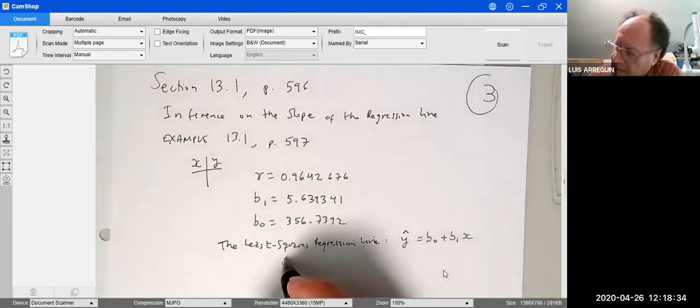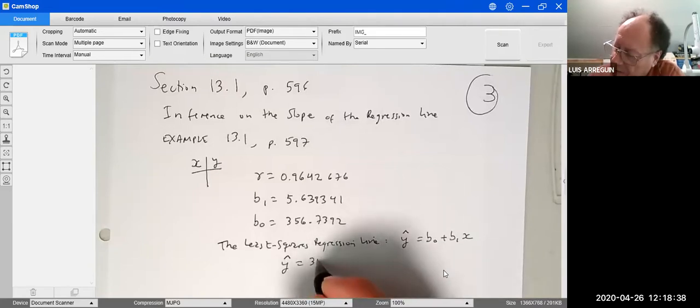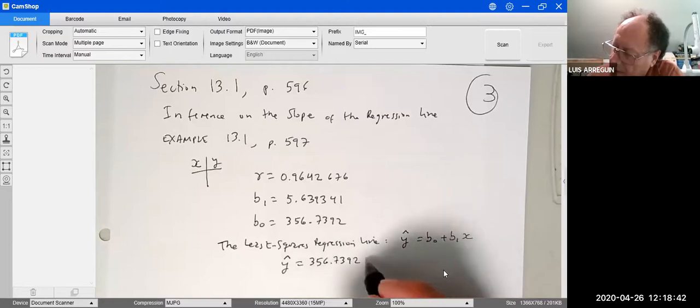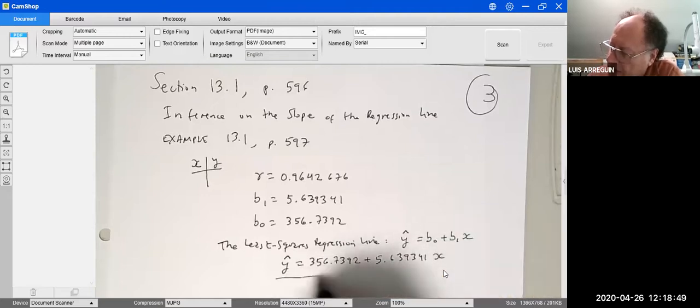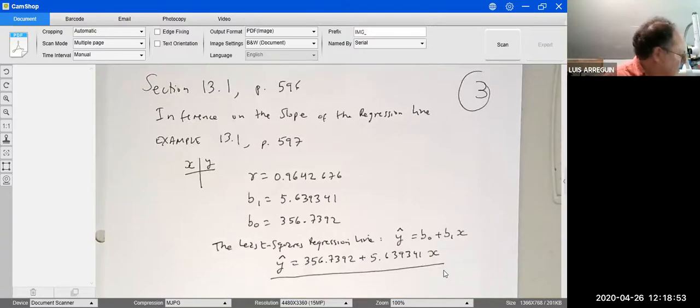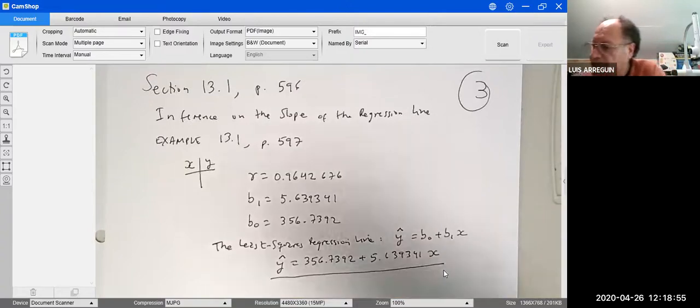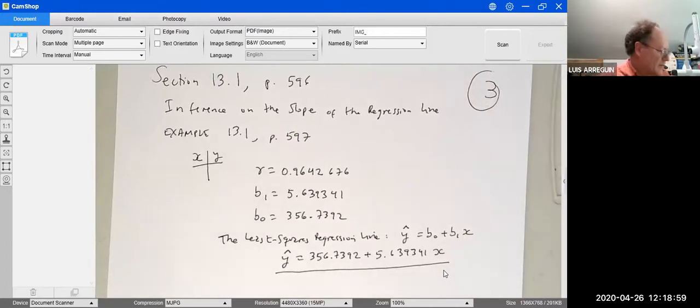So you're going to write y hat equals 356.7392 plus 563.9341 x. So this is the equation of the line that is going to model our data set. So now we're going to solve another problem.